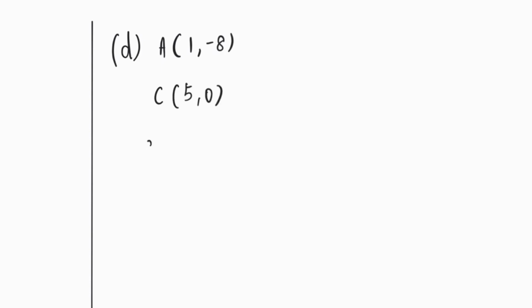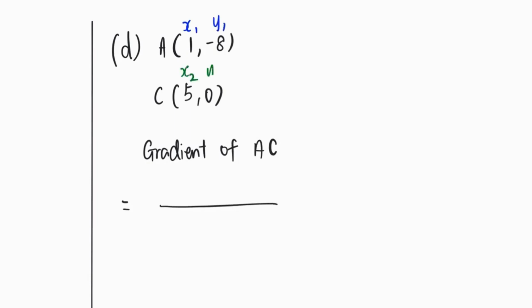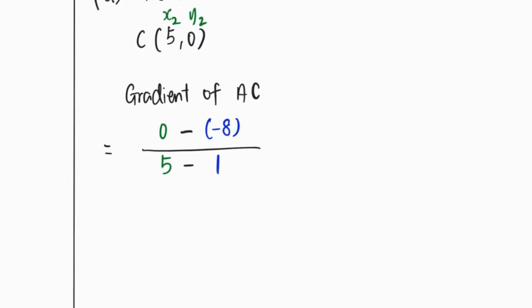So the gradient of AC is pretty straightforward then. It is just y2 minus y1 over x2 minus x1. This will give me a value of 2.